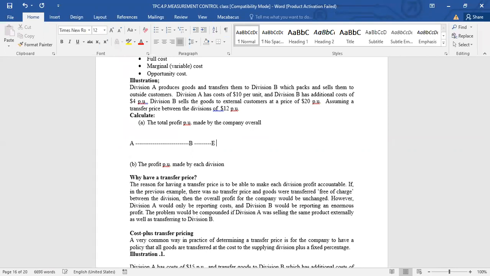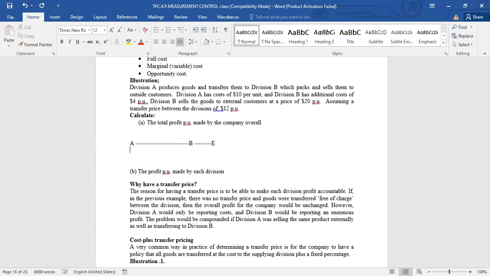They say that selling division A has a cost of 10. So when A is selling goods, it incurs $10 per unit, and then division B has an additional cost of 4. Then division B sells to external parties at what we call the selling price of 20.